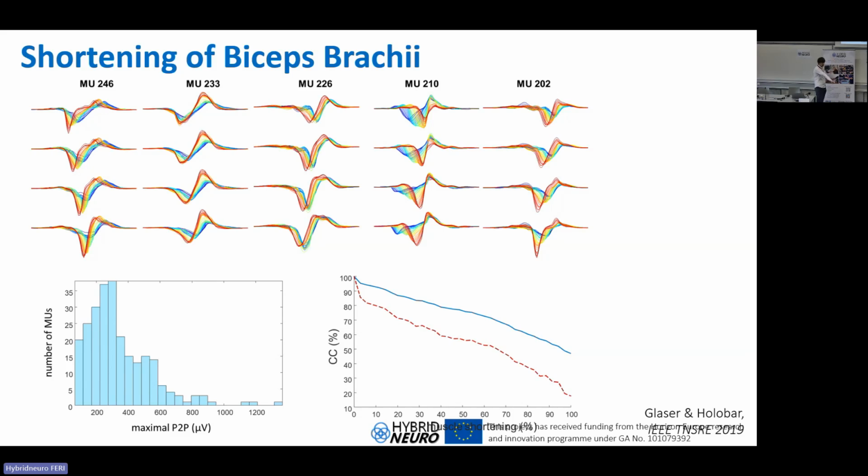During this movement the motor unit action potential shape changes, and the filter that was, I don't know, trained on the EMG signals from the arm being fully flexed would not work anymore because of this change.